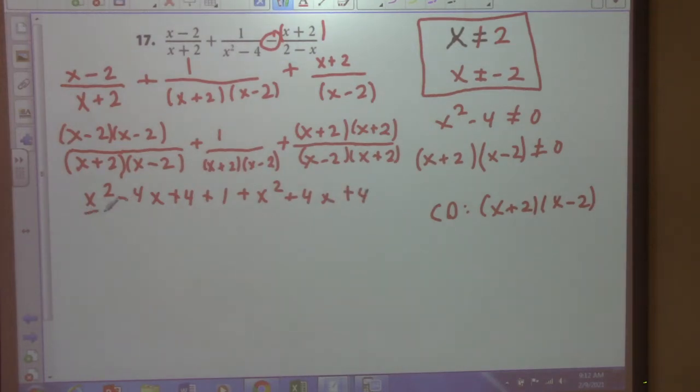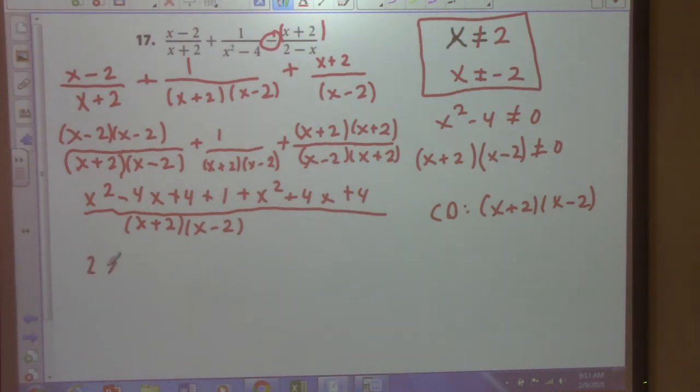And that's going to be all over this thing here. Okay? So what do we get when we combine the like terms here? 2x squared plus 9.